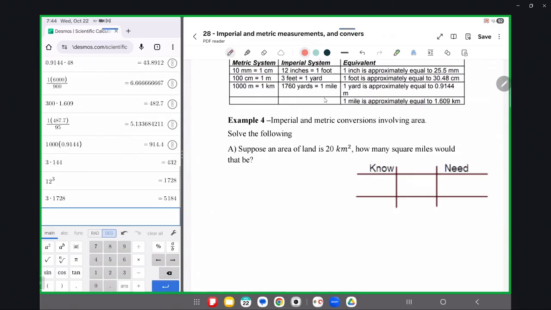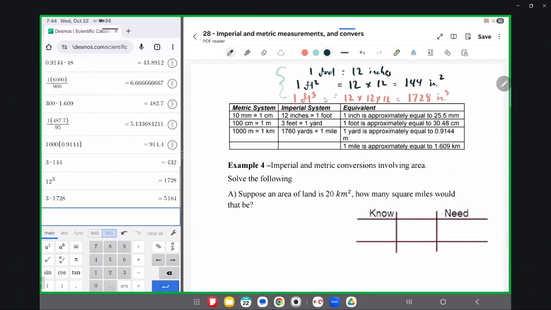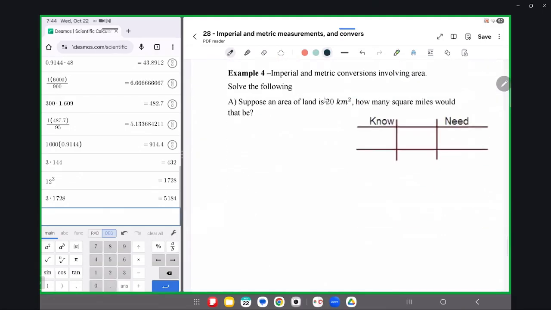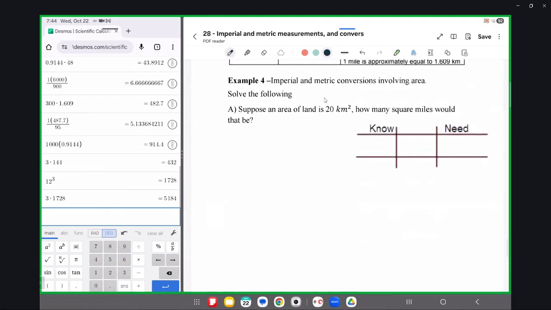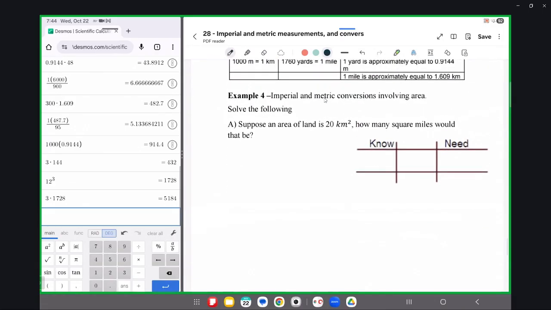Typically a pretty difficult example to think about, but luckily we can just invoke this technique that we learned earlier to help us. And so consequently, we know that 1 mile is equal to 1.609 kilometers. So 1 mile squared is going to be equal to 1.609 times 1.609.